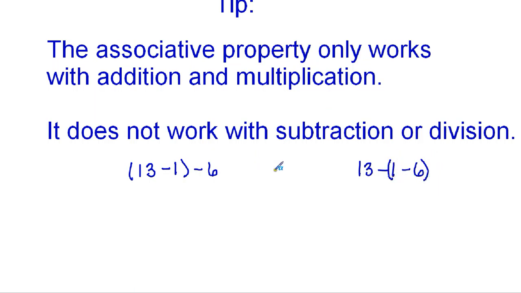associative property. So here, in the first one, I need to do 13 minus 1 first, which is 12. And then 12 minus 6 is 6. Over here, I need to do the parentheses first. So 1 minus 6, that's actually negative 5. And then I have 13 minus negative 5, which is the same as 13 plus 5, which is 18.